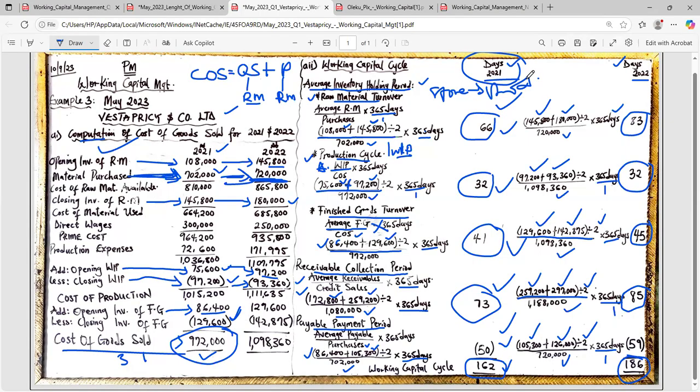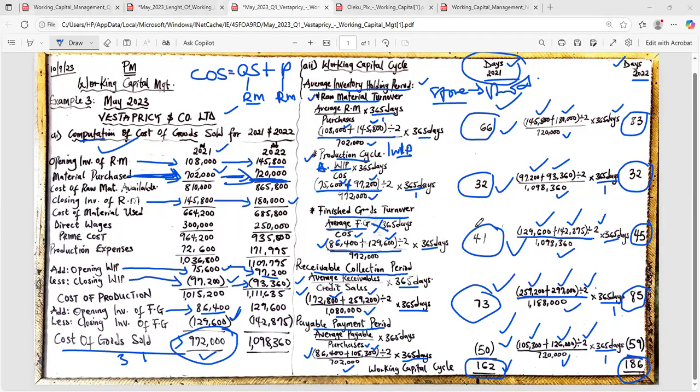Am I communicating? This 32 days simply means that it takes 32 days for this raw material to be converted to work in progress. Are you getting it now?